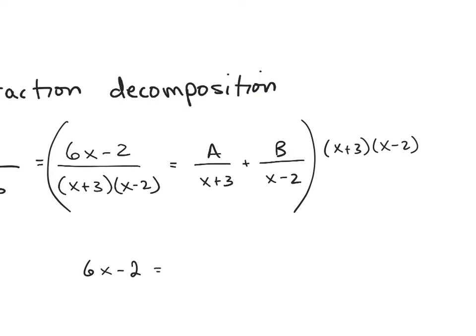Now when the LCD here multiplies to that partial fraction, just the x plus 3's are going to cancel, so then a would multiply with the x minus 2. Now when the LCD multiplies to this partial fraction, just the x minus 2's cancel at this point, so b multiplies with x plus 3.